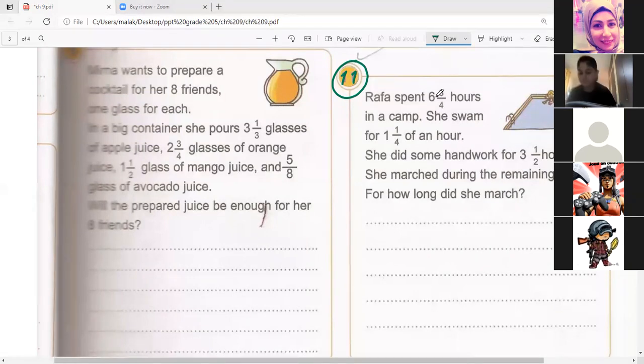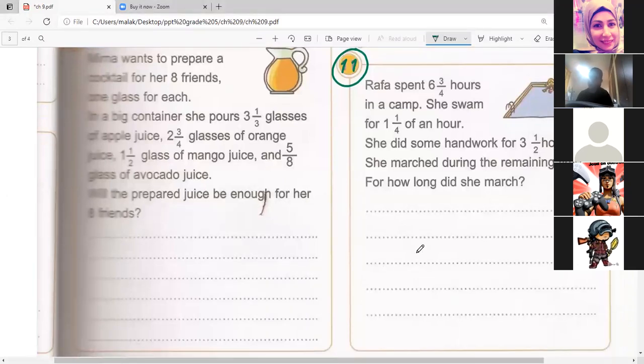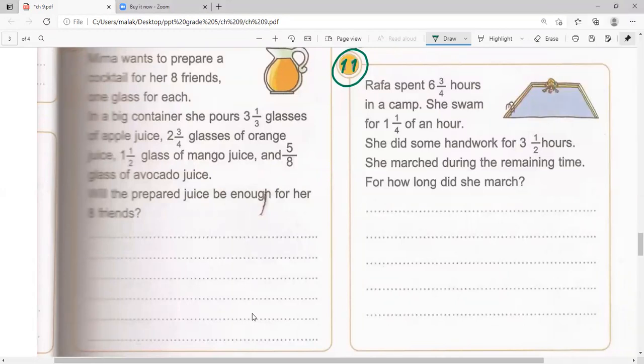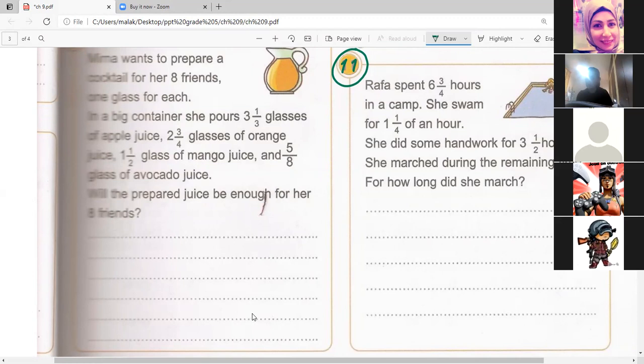She spent 3 and 3/4 hours at a camp. She swam for 1 over 4 of an hour.